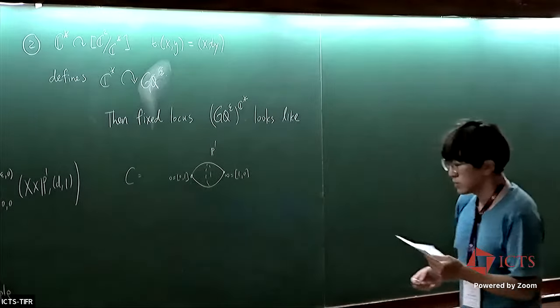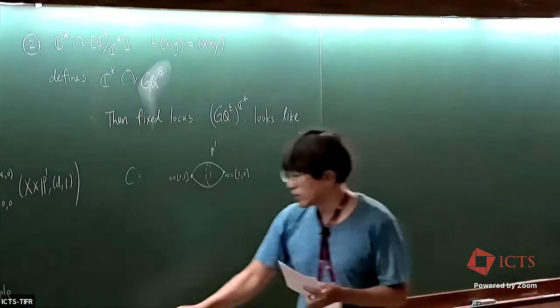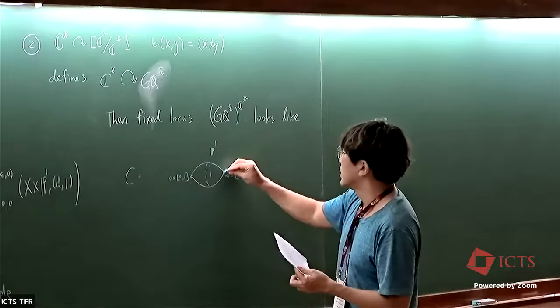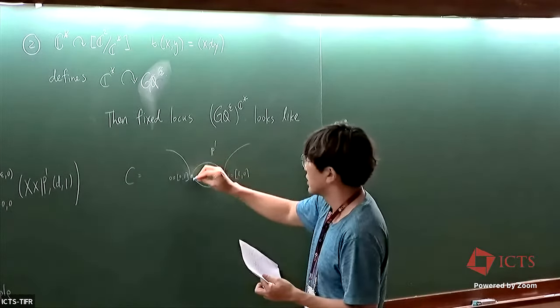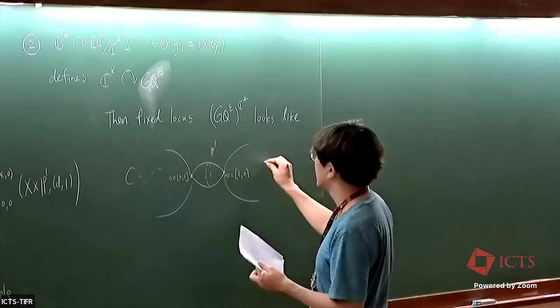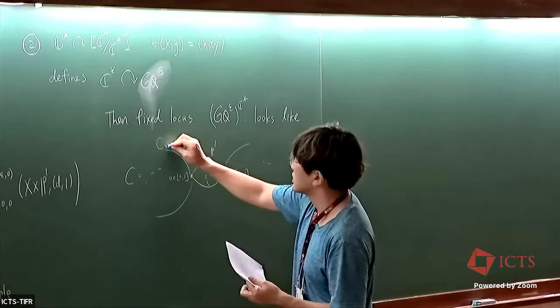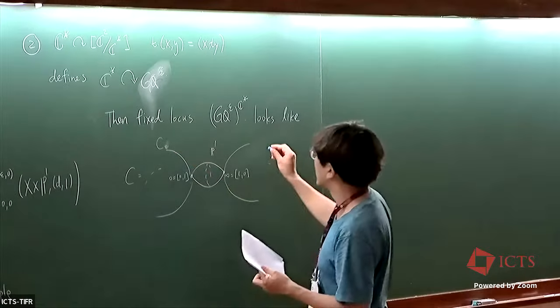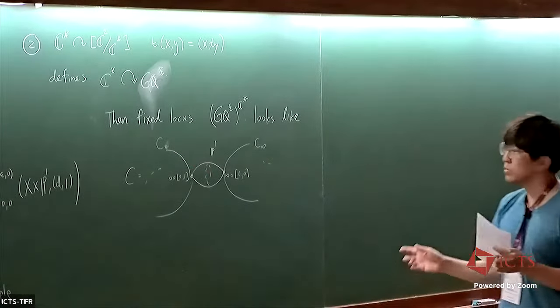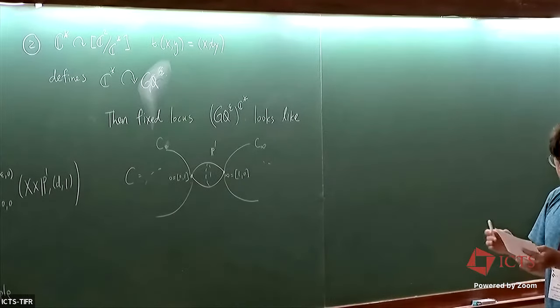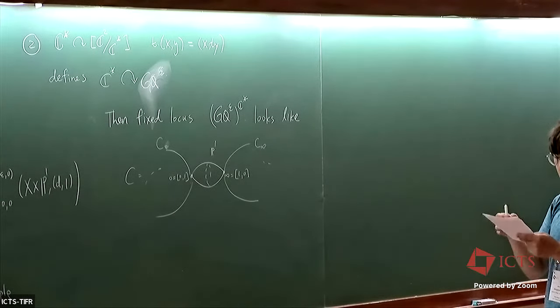We have these two points, and here we may or may not have a component. Anyway, we have the component C0 or C infinity. It can be a marked point or base point, or maybe there may be some curve.